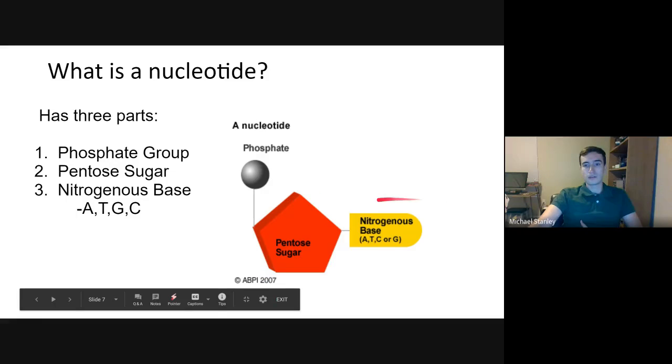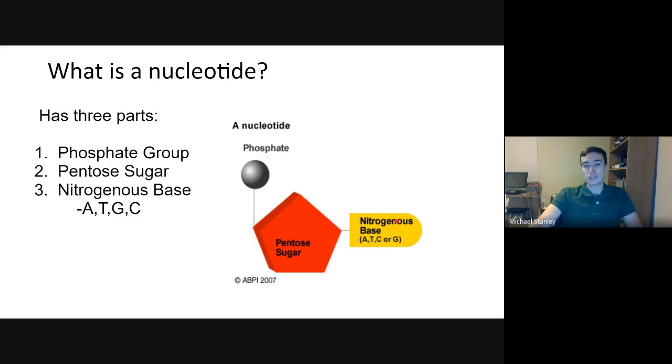And then the third part is called a nitrogenous base. It's a type of structure that's based on nitrogen. And based on the exact structure, there are 4 different types of nitrogenous bases, and they're going to be really important as we talk about them today.